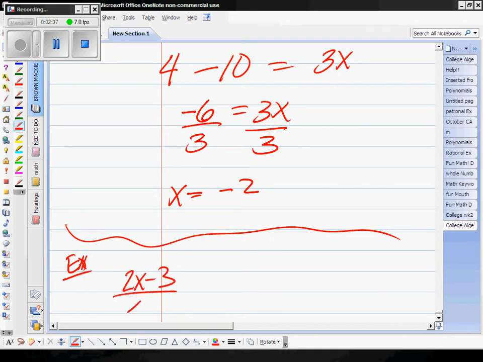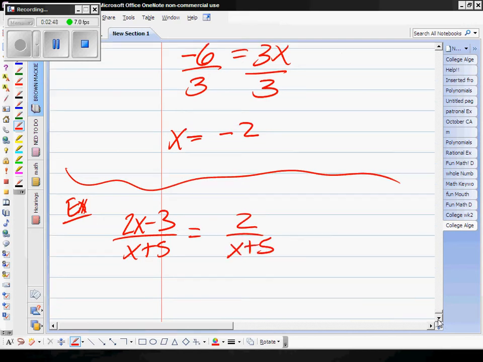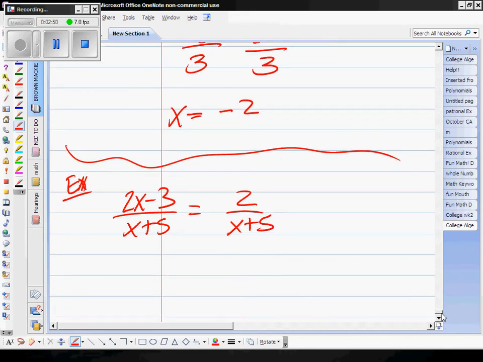2x minus 3 over x plus 5 equals 2 over x plus 5. Well, first things first, this is the easy one. We have to find our LCD.